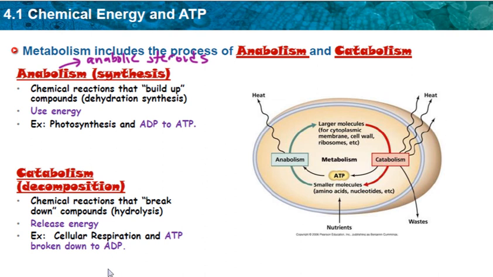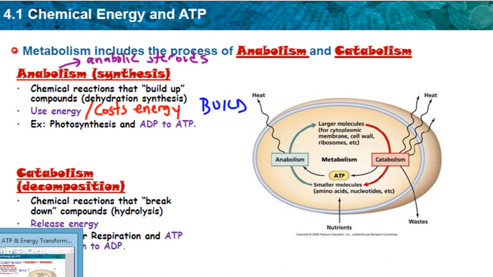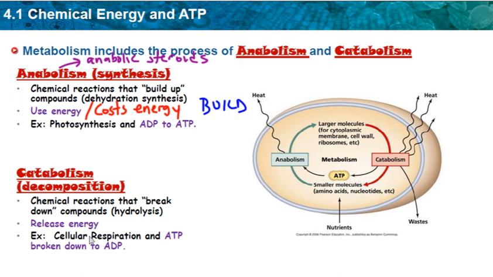When you are building something up, remember when we talked about building bonds, you use energy. So it costs energy to build. Whereas whenever you are breaking down, you are releasing energy.